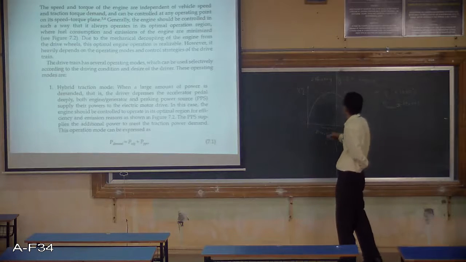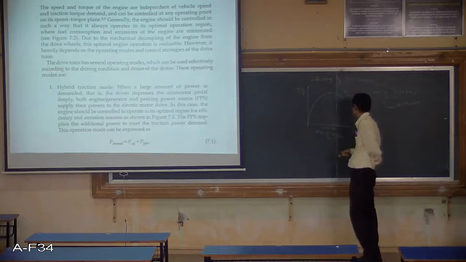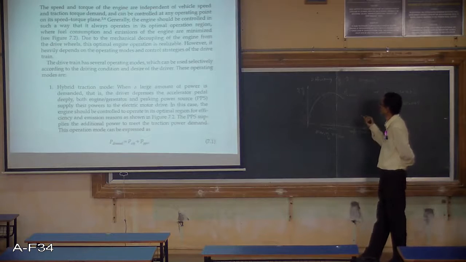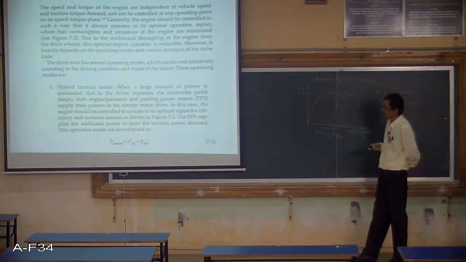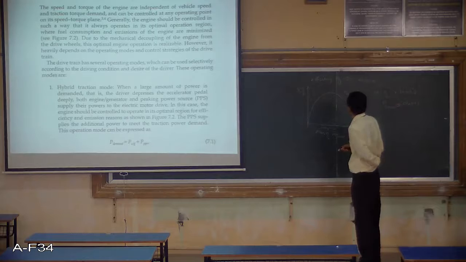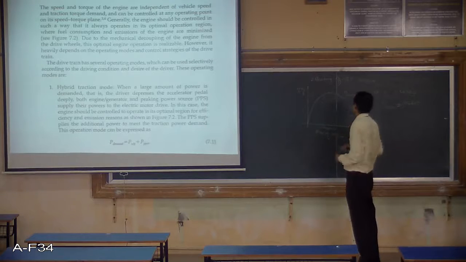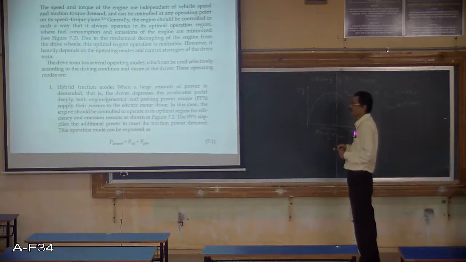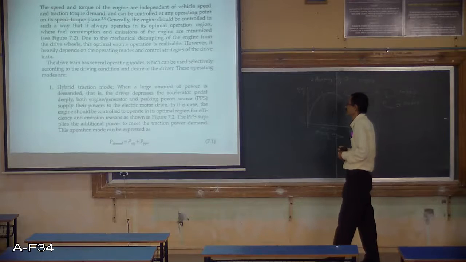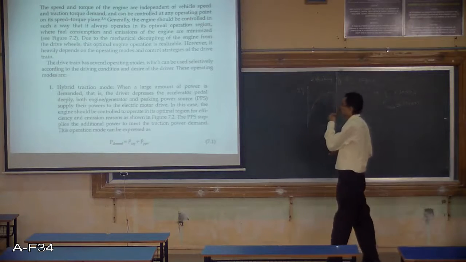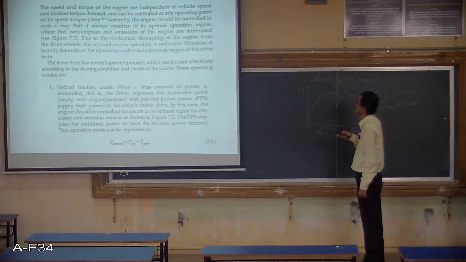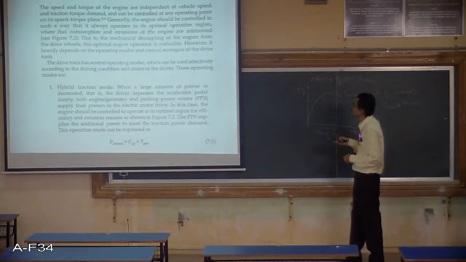Now here this is efficiency versus output power. On similar lines, if you draw the torque speed characteristic of the IC engine, you will get a similar curve wherein you can operate it as per the requirement of the torque and the output power. So you can operate it at the desired speed torque plane, which gives you the maximum efficiency.